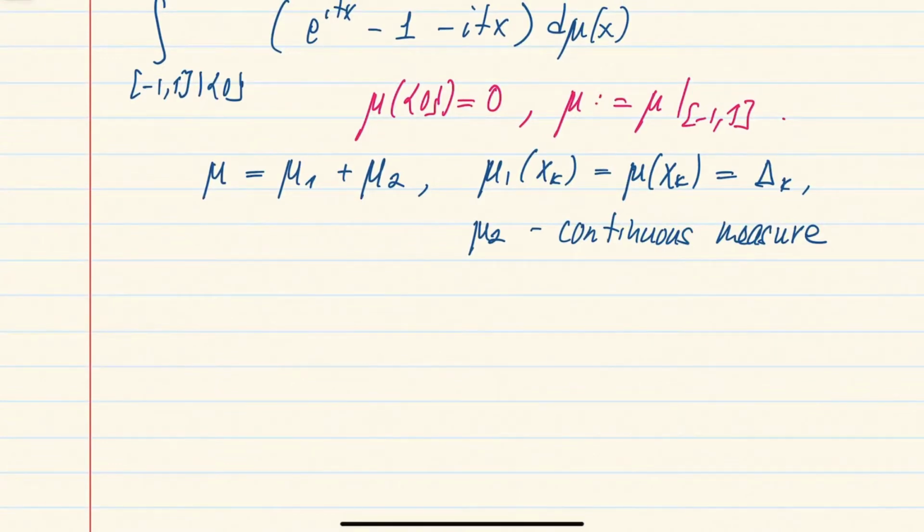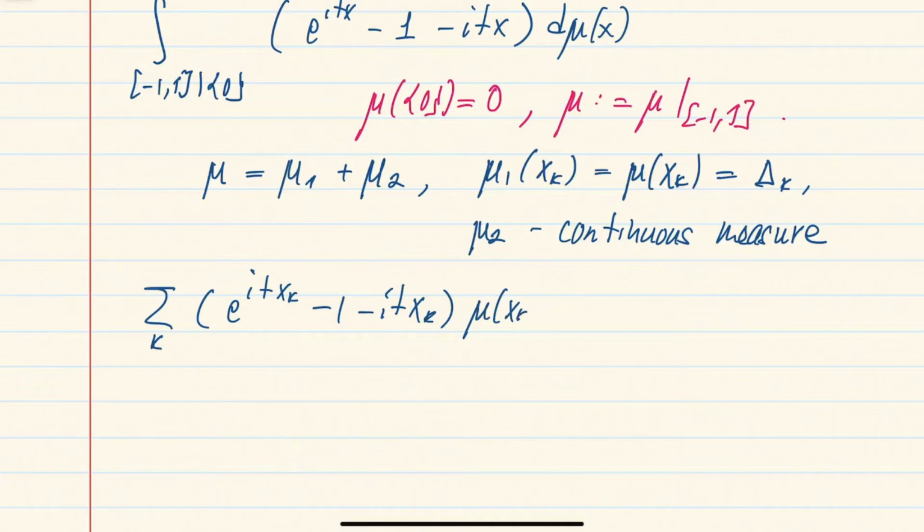So the first piece will be just a sum over these points, where we evaluate our function at this point xk times the mu of xk. And recall that this integral is inside the exponential, and if we look at this series here, we will recognize that this function corresponds to a characteristic function of the following series, at least formally.